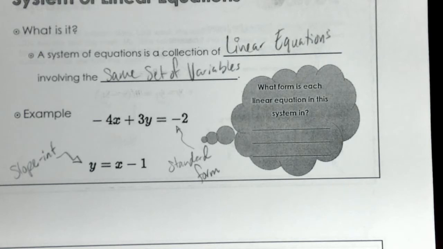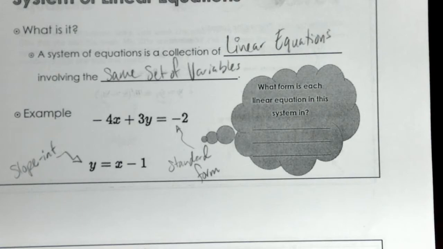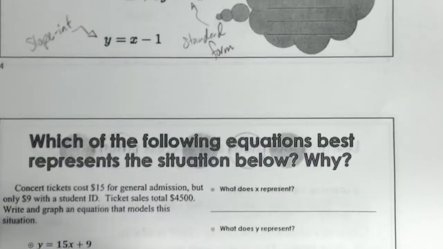The rule for standard form is that my A value has got to be positive. Now, it was supposed to be in standard form, so it's all good. Technically, quote unquote, it's not exactly in standard form, but for the sake of this problem, it's in standard form.